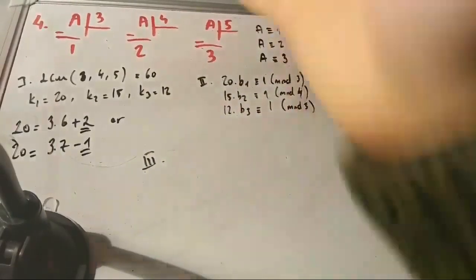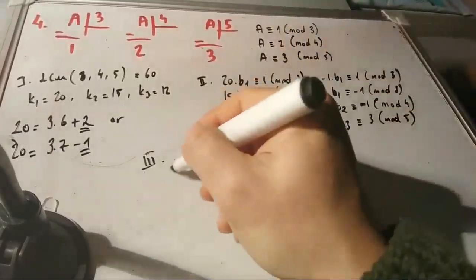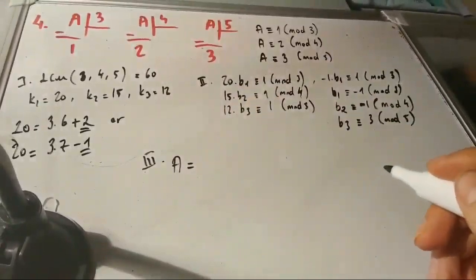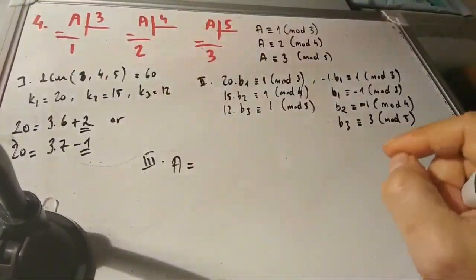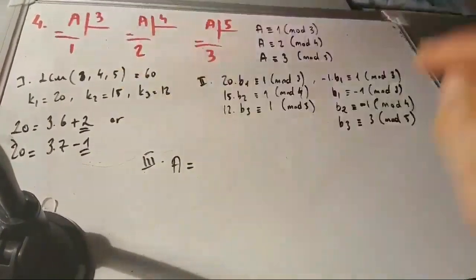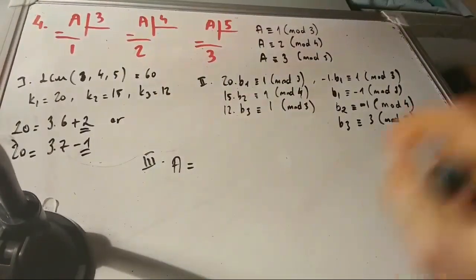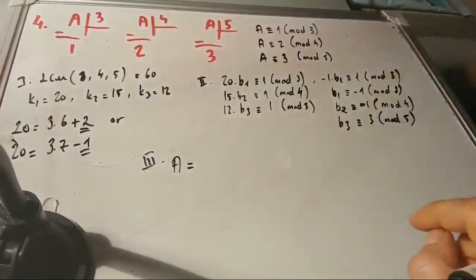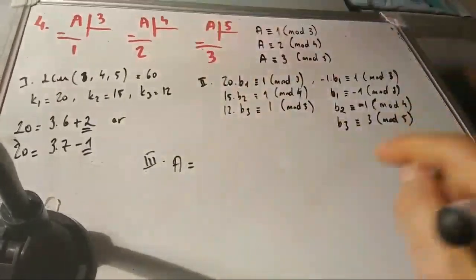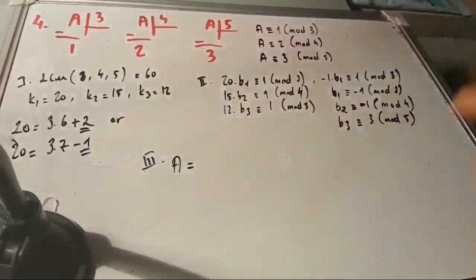We said that the number is A. So A is equal to K1 times D1 times remainder plus K2 times D2 times remainder plus K3 times D3 times remainder.